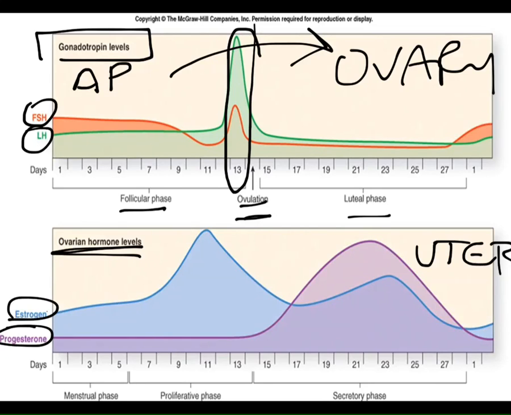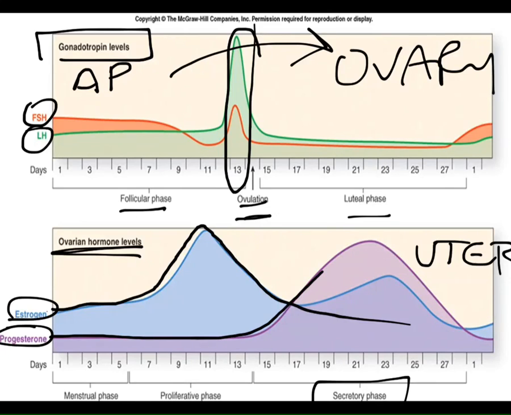Now what are we going to see here? Estrogen. All I want you to see is this. Estrogen goes up in the proliferative phase, and it comes back down. That's all I really want you to see. Estrogen is rising in the proliferative phase. And then look what happens in the secretory phase. Progesterone goes up and stays up.